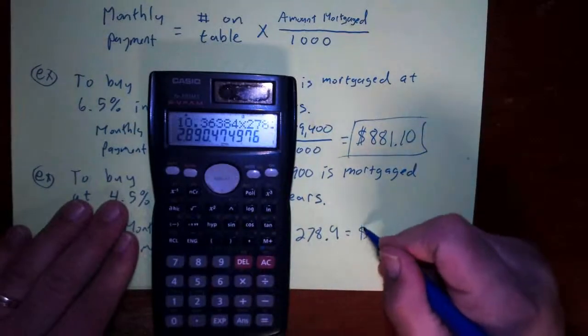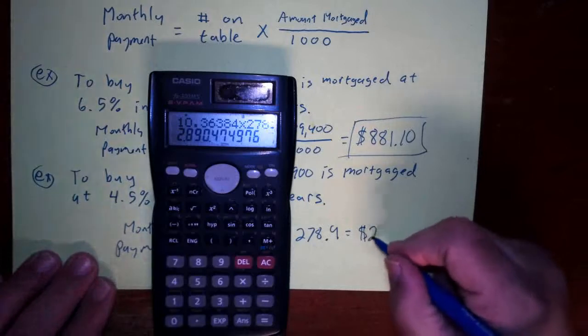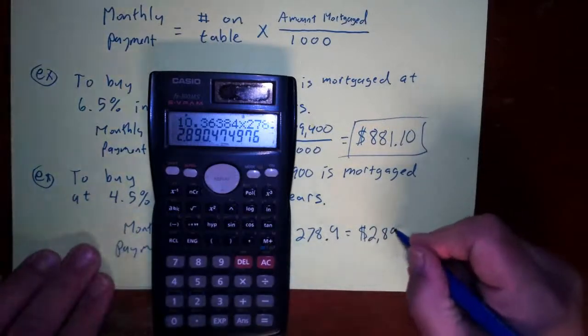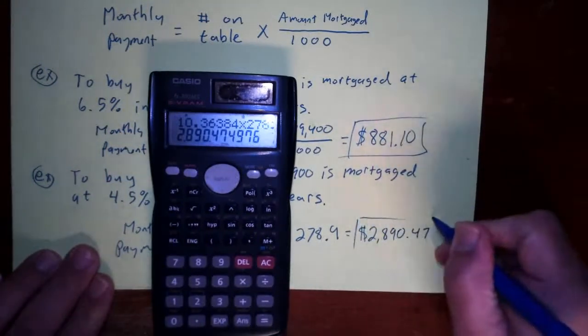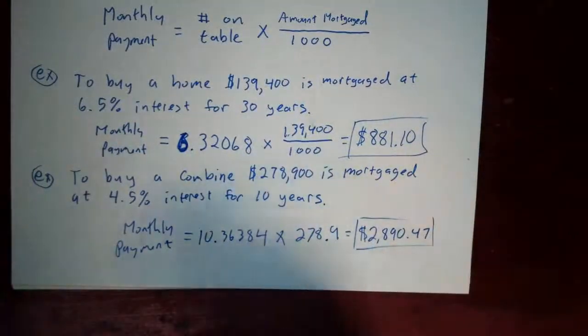And it looks like this is $2,890.47, and that will be the monthly payment that the farmer owes on the combine. Okay.